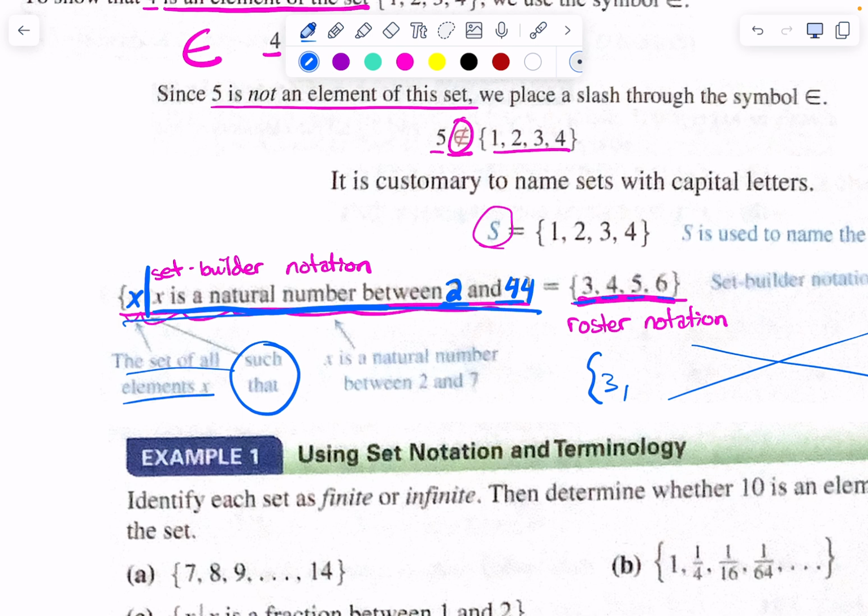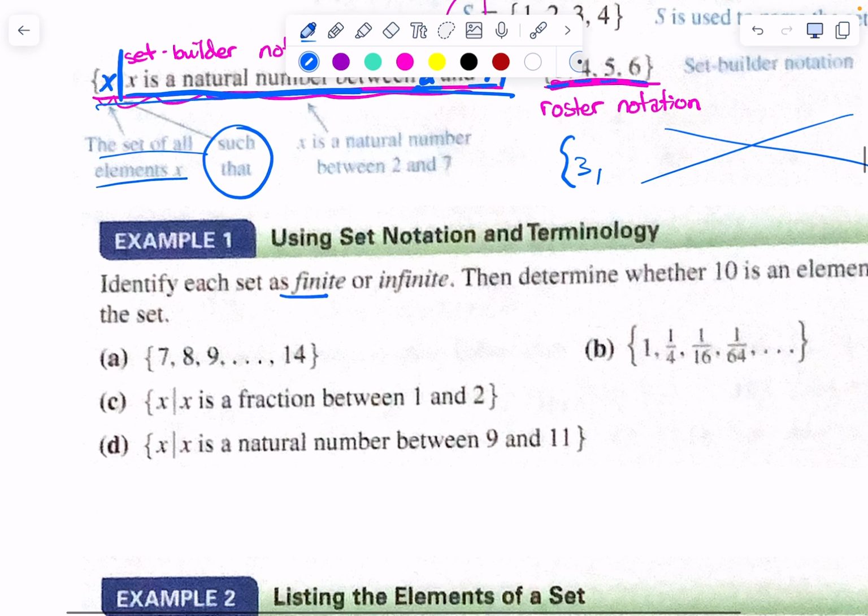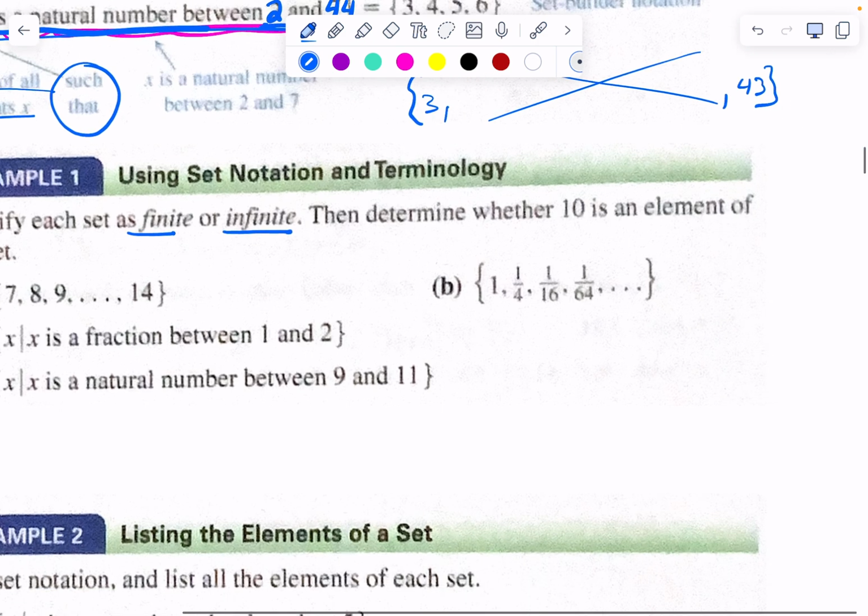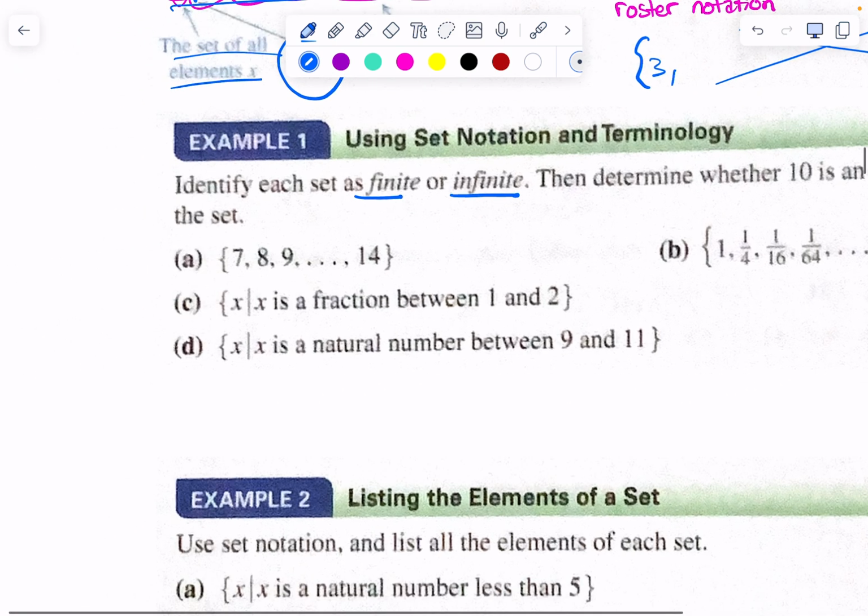Okay, all right, now we're talking about finite sets versus infinite sets. If you had to take a guess, what could you say about finite? Infinite never ends. Finite has an ending. Finite is going to have just an exact number of elements. And then it says determine whether 10 is an element of the set.